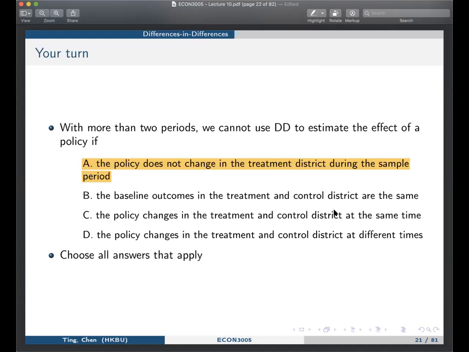Meaning that the baseline outcome, the Y in the treatment and control group, are the same.